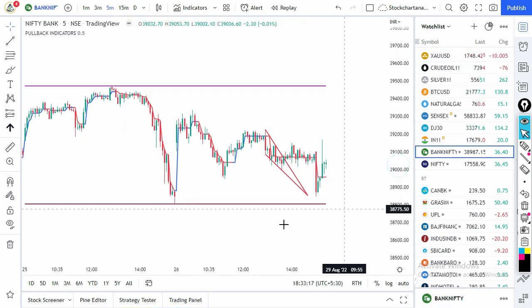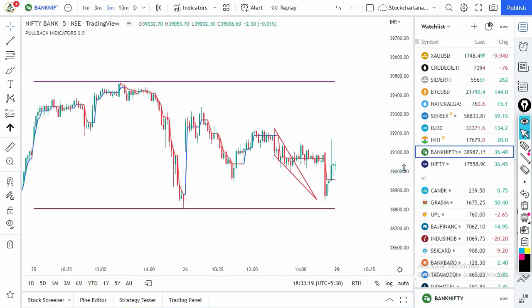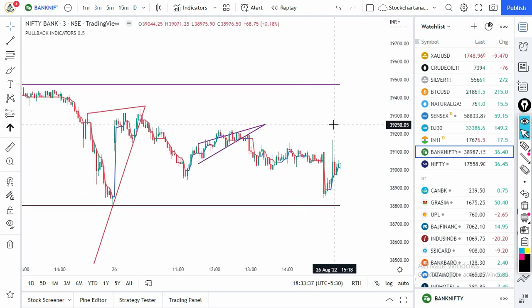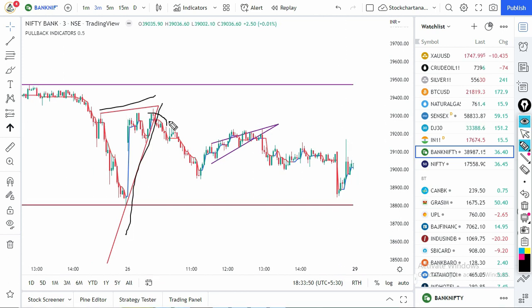In Bank Nifty, as of today, using demand and supply, there is currently no trade today, but on a lower time frame, there was a triangle breakout. This is a multi-time frame indicator which you can use on 5 minutes, 3 minutes, 1 minute, multiple time frames. And there was a triangle breakout here on the 3-minute time frame.